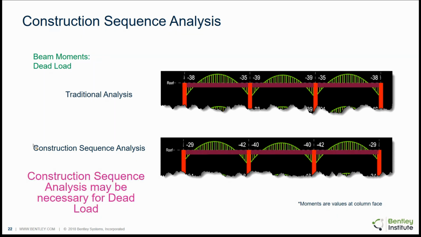And I think that the conclusion here is that it might be necessary to consider for our dead loads, that the impacts seem to be real, and it's something that we do need to take into account. And certainly for taller structures, if you have a wide variation in your axial load P, or if there are changes in the cross-sectional areas of your columns due to some architectural constraints, then a construction sequence analysis might be advisable.